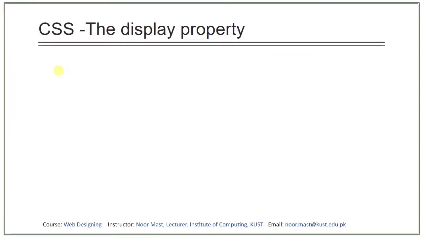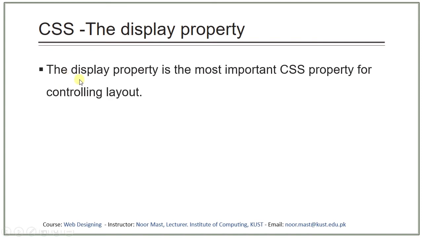The CSS display property. The CSS display property is the most important CSS property for controlling layout. That is, the display property specifies how an element is displayed, or we can say that the display property defines the type of element box an element generates in the layout.